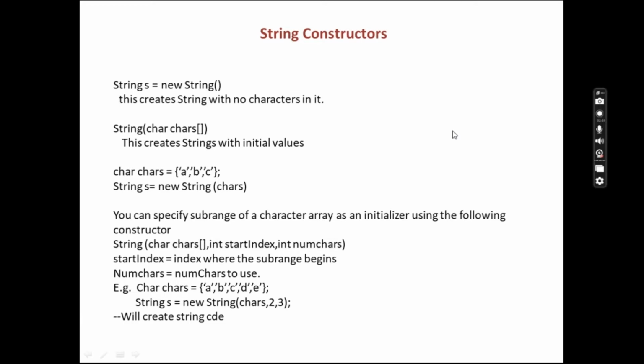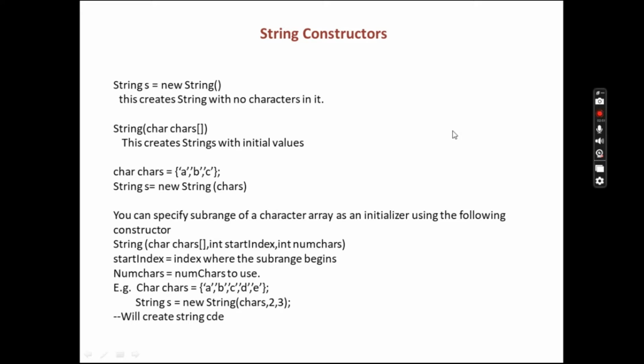You can specify a subrange of a character array as an initializer using the following constructor: String(char chars[], int startIndex, int numChars). Start index is the index where the subrange begins. Number of characters is the number of characters to use.